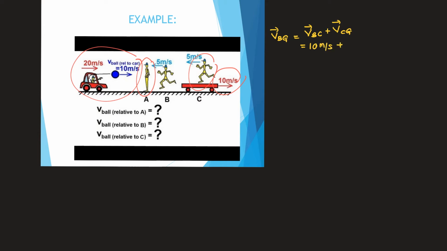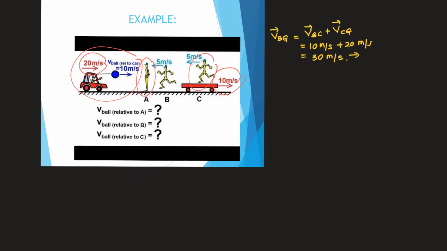And the velocity of the car relative to the ground is going to be 20 meter per second. Like I mentioned before, if the question didn't state any location or reference frame, it means the car is moving 20 meter per second with respect to ground. So you have that also moving to the right, plus 20 meter per second. So you get the velocity of the ball relative to ground as 30 meter per second to the right.